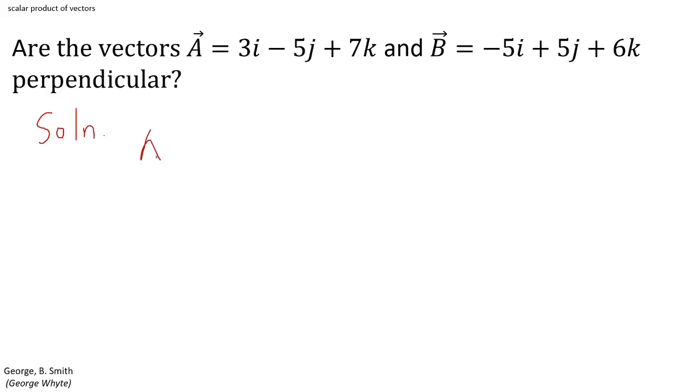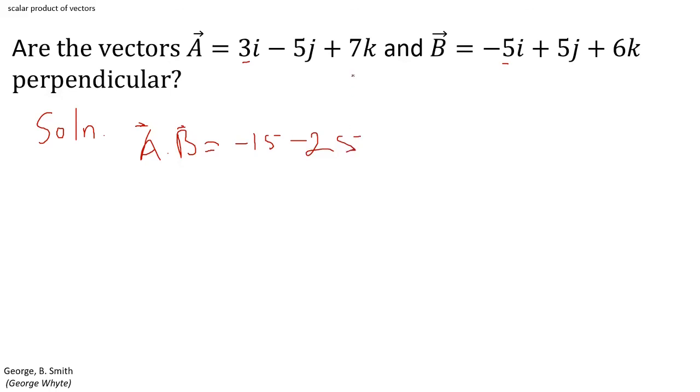If we find the dot product, A dot B, component wise we have 3 times minus 5, which will give us minus 15. Then we have minus 5 times 5, that will give us minus 25, right? Yeah, minus 25.